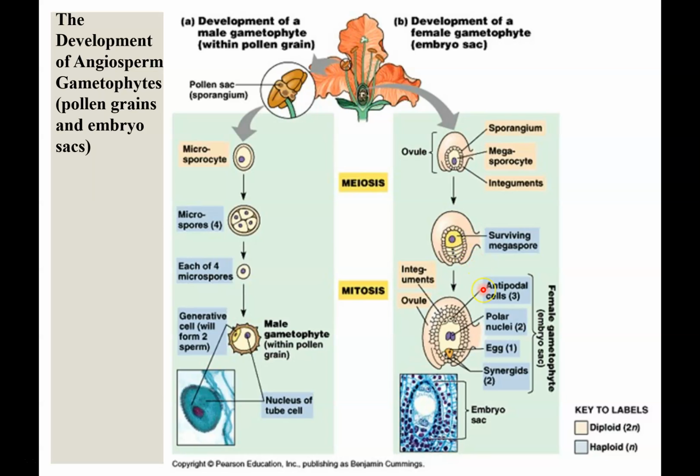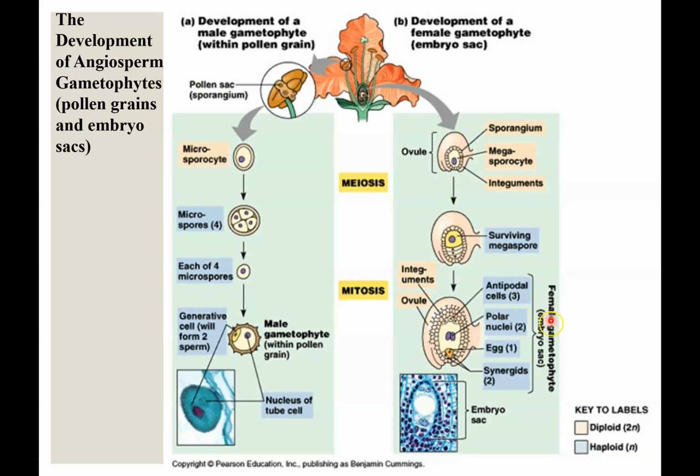Then this is followed by 3 mitotic divisions of the megaspore to form the embryo sac, a multicellular female gametophyte. The ovule now consists of the embryo sac along with the surrounding integuments or protective tissues. So we're going to see this word here, integuments are protecting tissues.